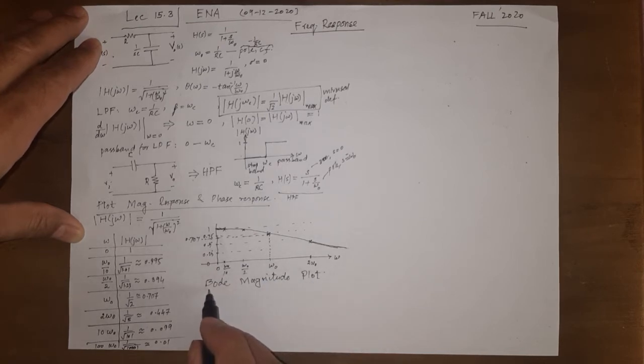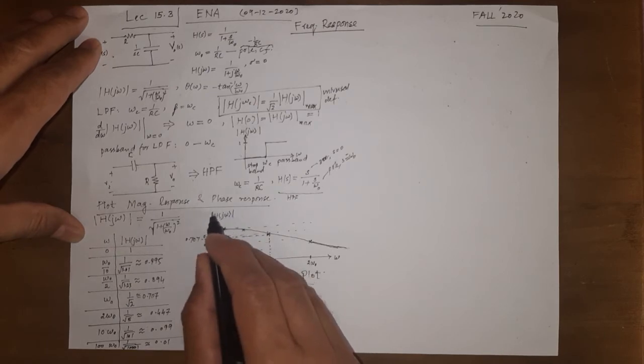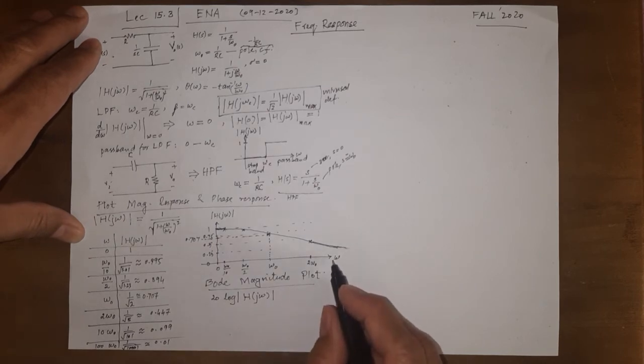Now, Bode said, instead of plotting the magnitude of H of j omega, let us plot 20 log of this thing. So this would be on the y-axis. Here we are trying to plot the magnitude response against omega.